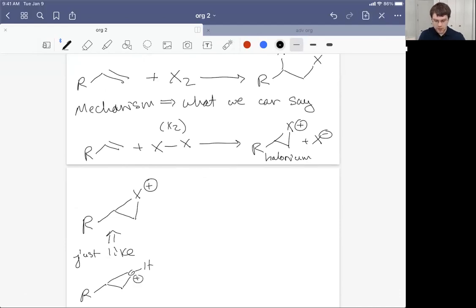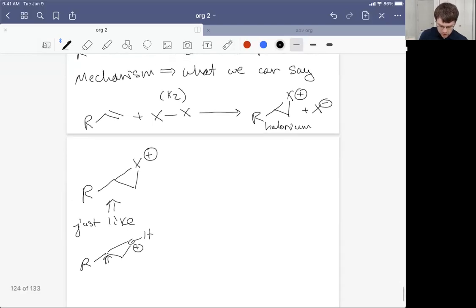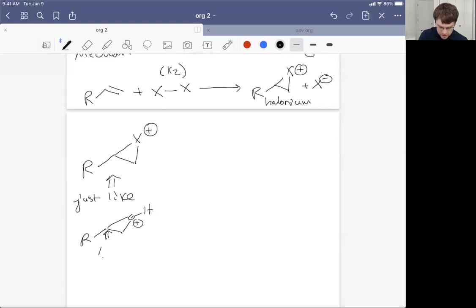I'm going to show that protonated epoxide with an elongated carbon-oxygen bond at the more substituted position to show that we have preferential nucleophilic activity at the more substituted position. Instead of drawing this as more of an equilateral triangle, I'm going to have an elongated carbon-halogen bond in my halonium ion.